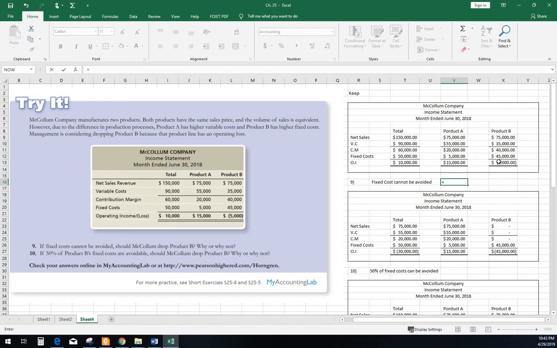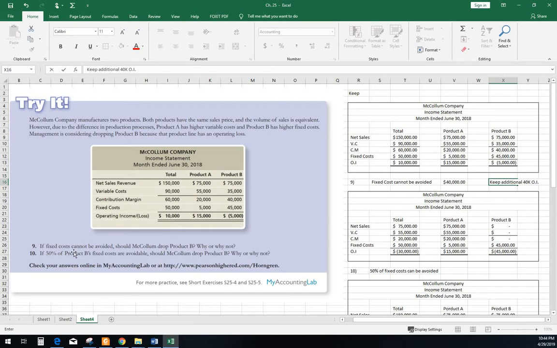It's equal to this number, which is larger, minus this, and it's $40,000 in additional operating income in the keep scenario. So for question number 9, we would keep. So I'll just write keep here. Additional $40,000 operating income.